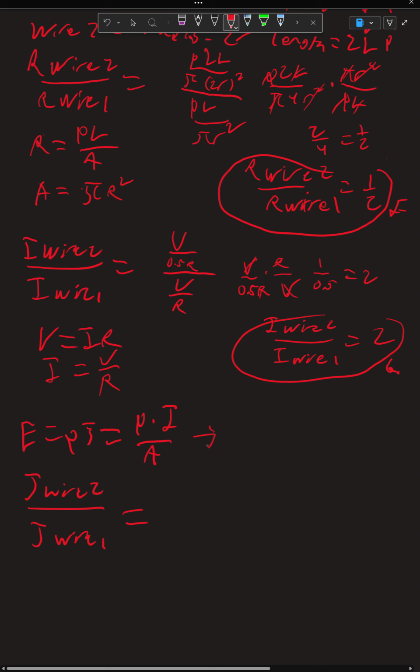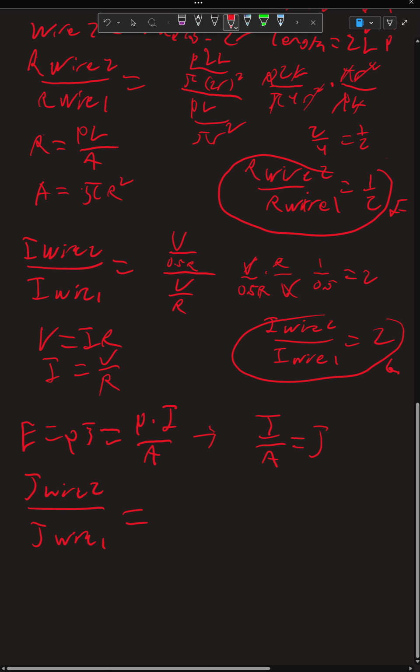First, we move J by itself. If we divide by J, it cancels out, so I over area equals J. To find J, we have the current already.